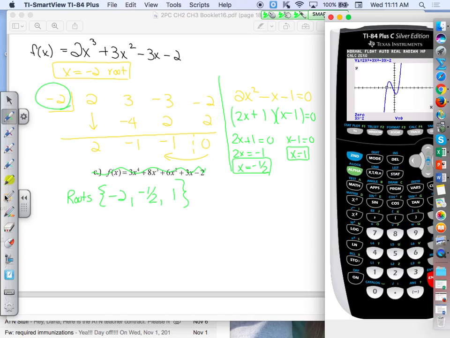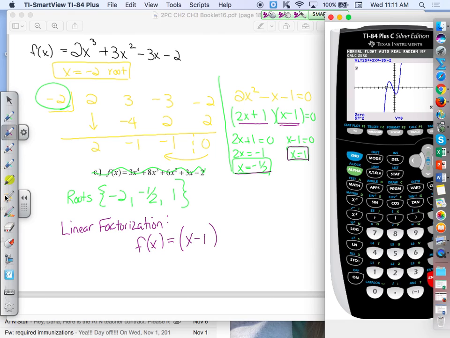and 1. Now there's another way that you can write these answers, and I usually don't do this. It's called linear factorization. It's just basically writing this in factored form. So if x equals 1 is a root or a solution, x minus 1 is the factor. x equals -1/2 is the root, 2x plus 1 was the factor.